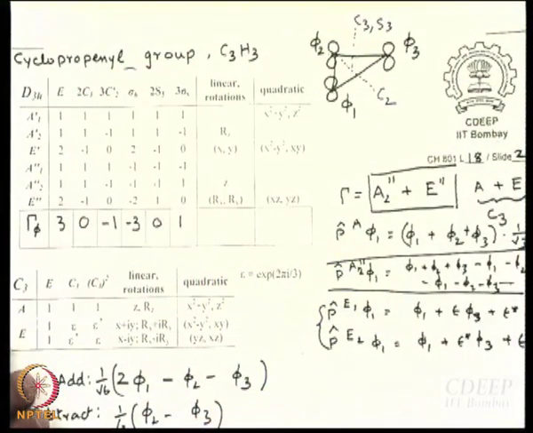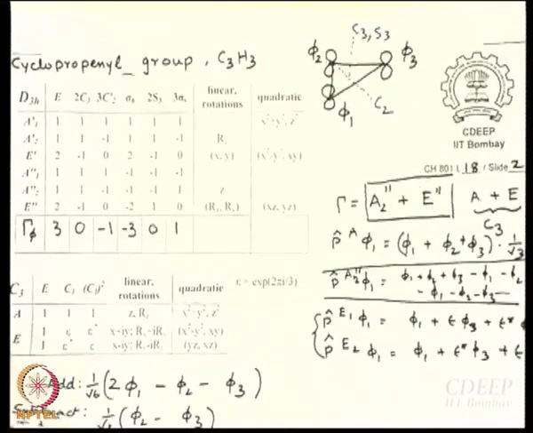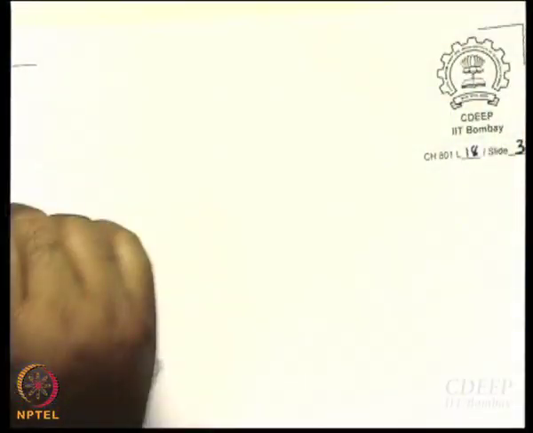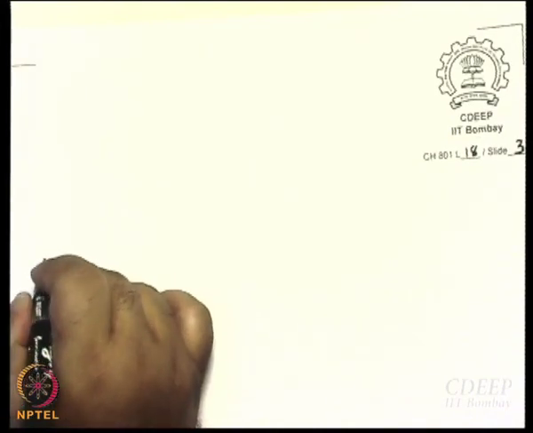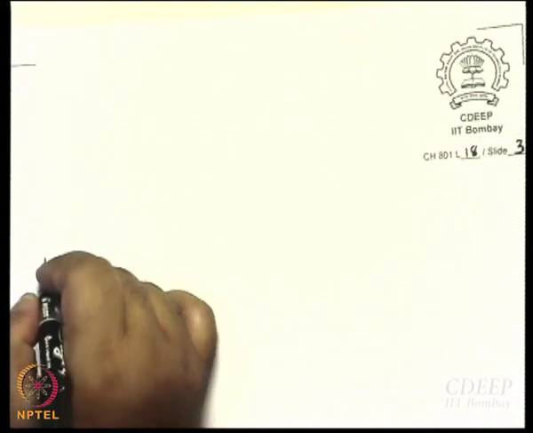Okay. So let me, this page is a little cluttered, let me write this on a little fresh page. What are the orbitals we said? I will write it like this, maybe psi.